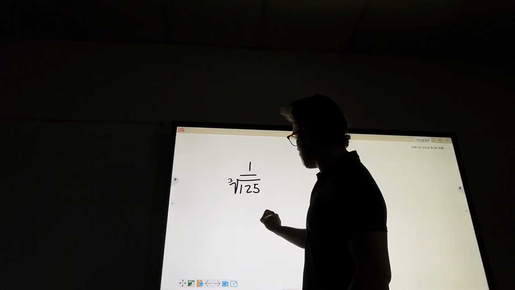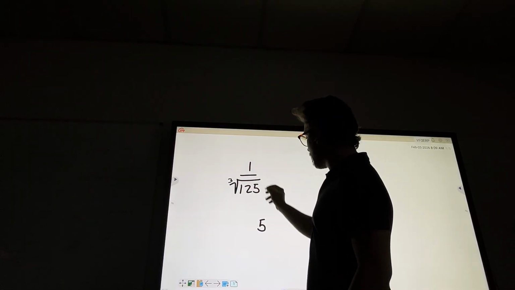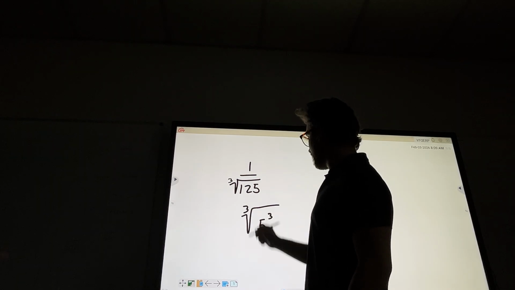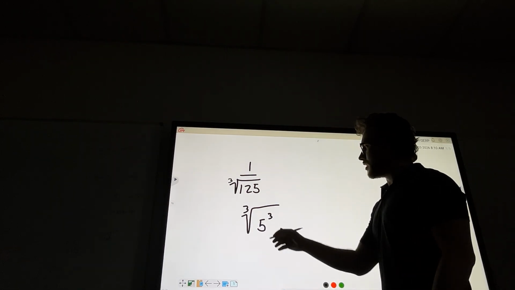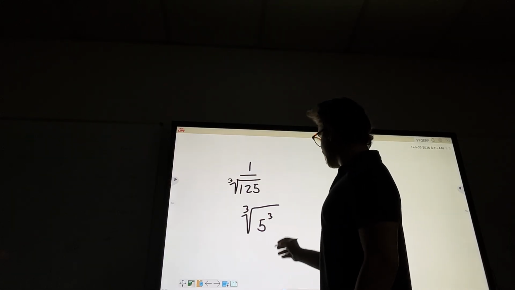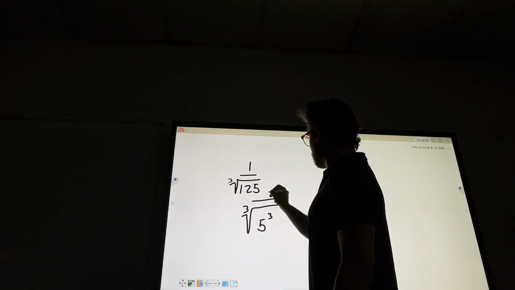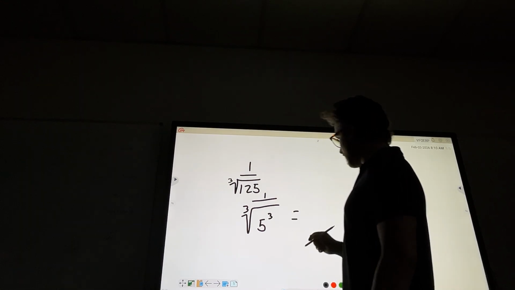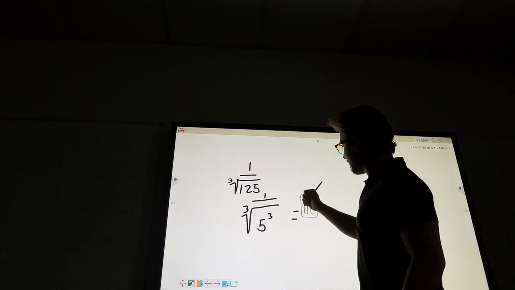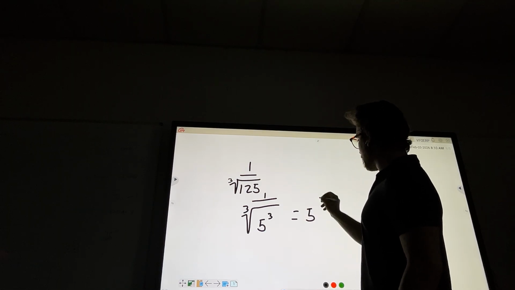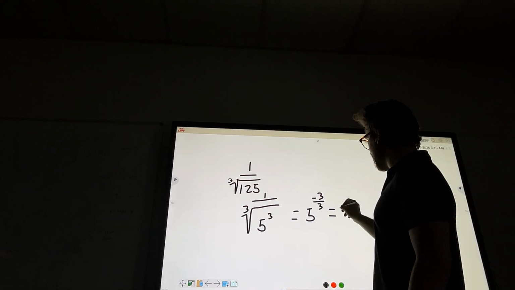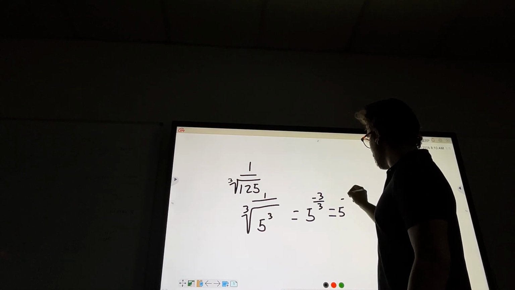So this will be 5 to the power of 3, but since it's under 1, it's going to be a negative. So we can rewrite this as 5 to the power of negative 3 over 3, which is the same as 5 to the power of negative 1.